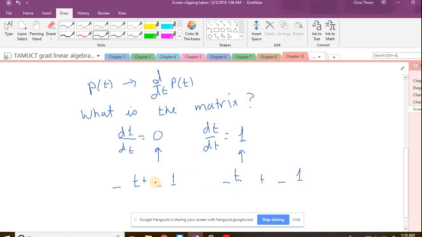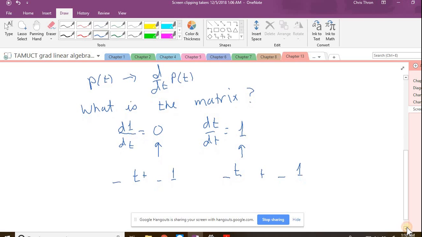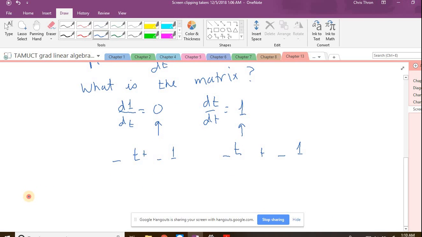All right. So what are the coefficients? Or you can just jump in and tell me what the matrix is. Okay. All right. 0 and 1. Okay. So what's the matrix?